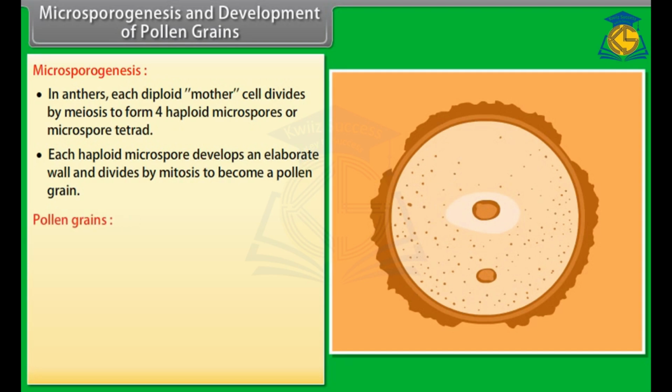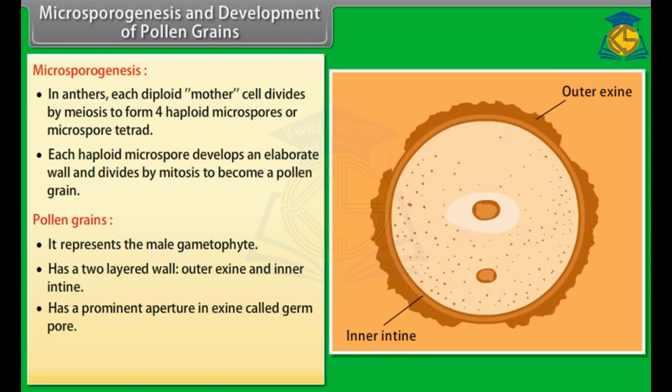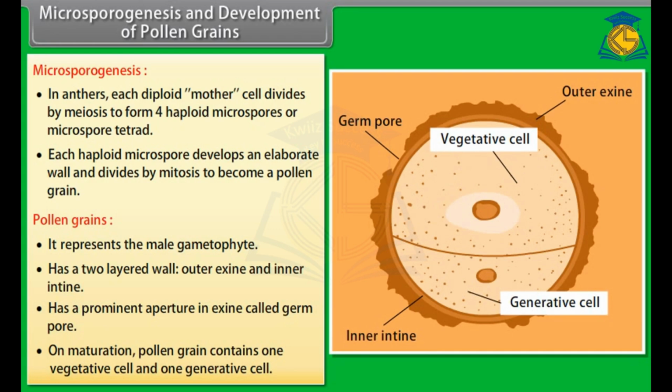Pollen grain represents the male gametophyte. It has a two-layered wall, outer exine and inner intine. It has a prominent aperture in exine called germ pore. On maturation, pollen grain contains one vegetative cell and one generative cell.